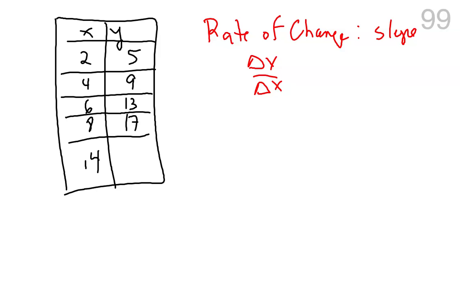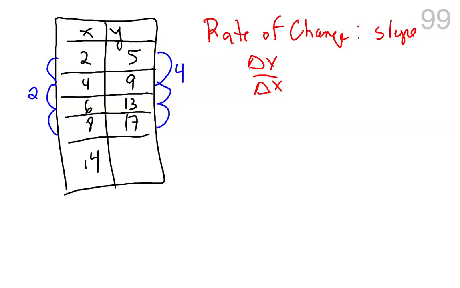Now, let's take a look at this table. What am I going up by here? 4. What am I going up by here? 2. Now, some people put the answer 2 over 4. What's wrong with that answer? Why is it not right? If you did 2/4, you reversed it.